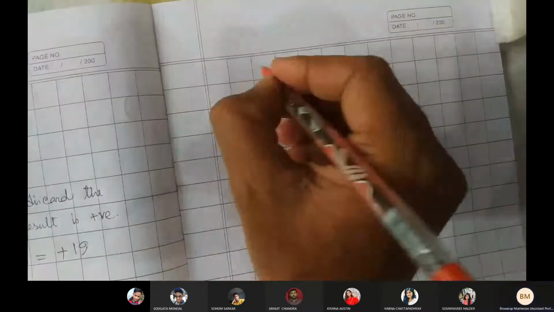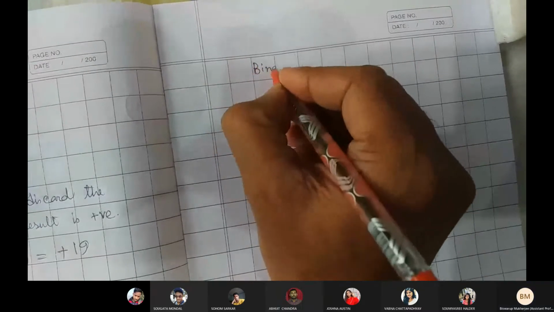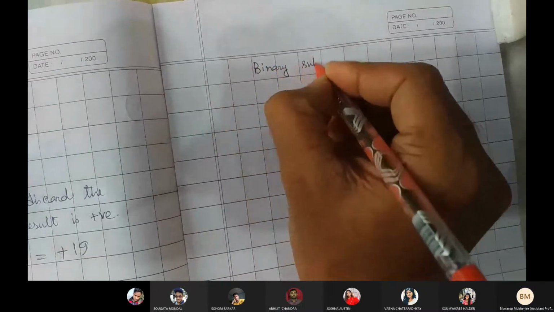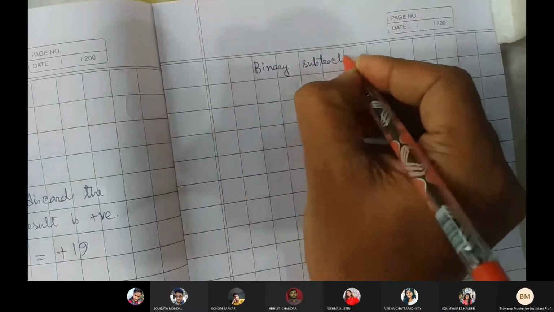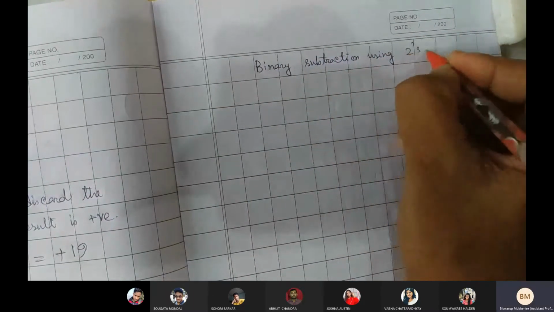Similarly, you can use it for twos complement also, in the binary system. So, binary subtraction using twos complement.